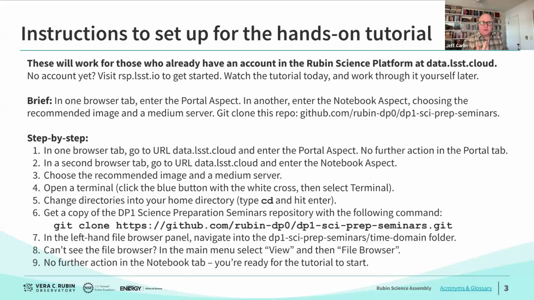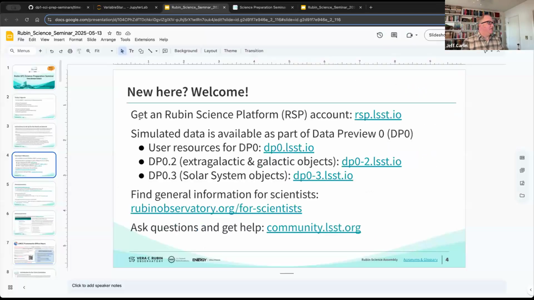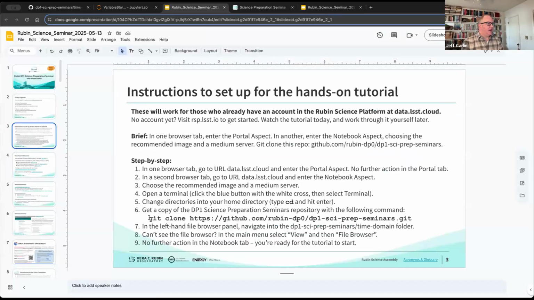So I shared the link to the slides in the meeting chat. The third slide gives you instructions for how to set up for the hands-on tutorial. In particular, you need to clone this repository. Let me back up and copy paste that into the chat as well.